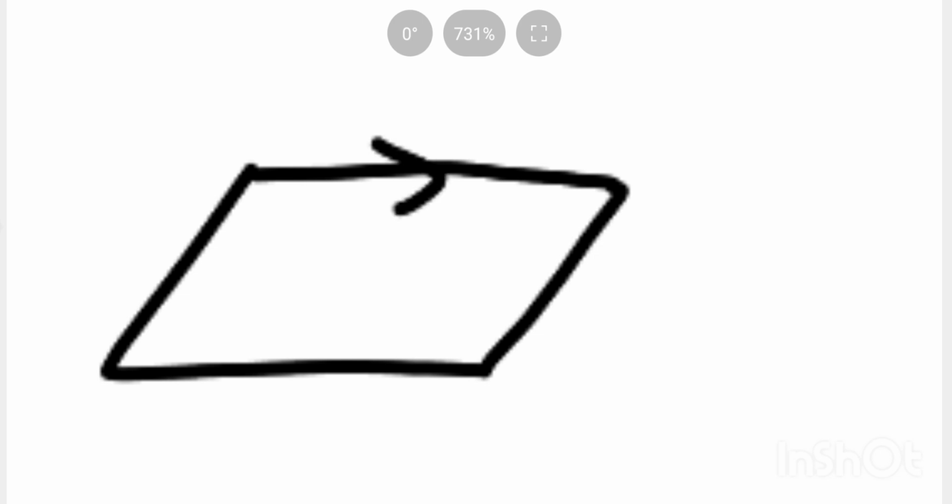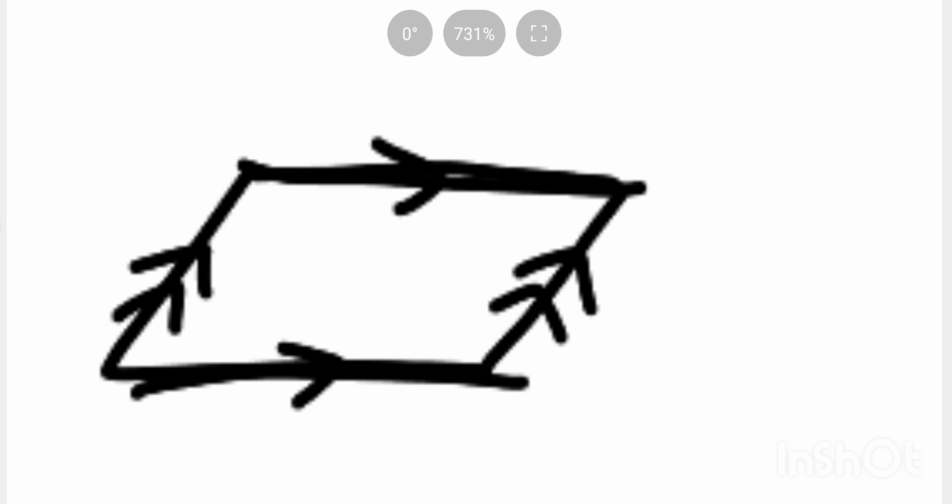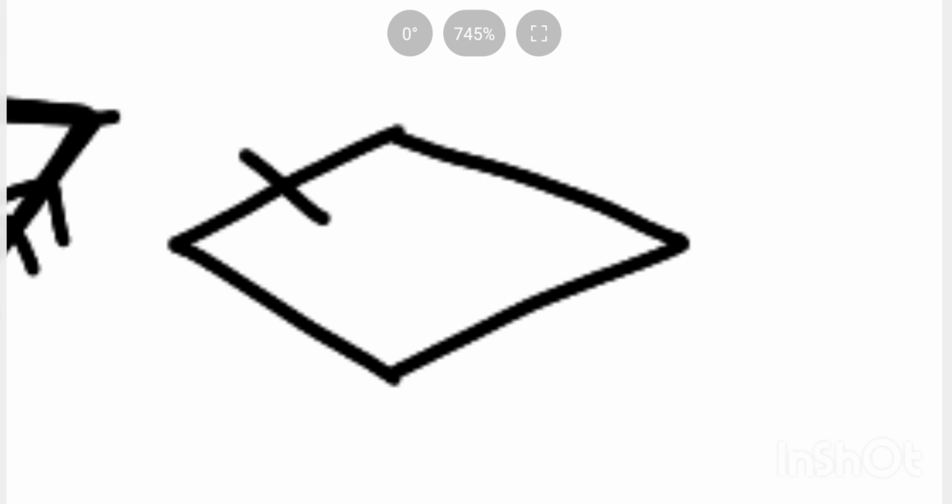So this side and this side are equal in length and are parallel. This side and this side are parallel to each other and they're of equal length. And it's not a rhombus either, because all 4 sides need to be of equal length.